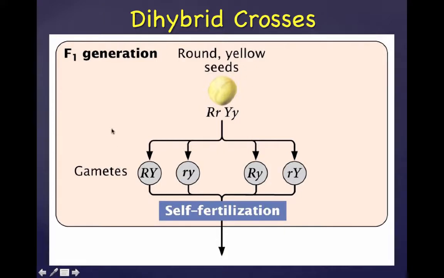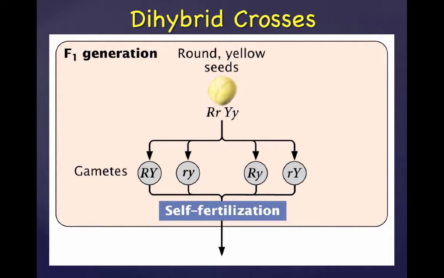And as self-fertilization is able to occur among the F1 generation, then we get certain loci being able to transmit into the F2 generation. So we could have dominant alleles for both traits sorting off.